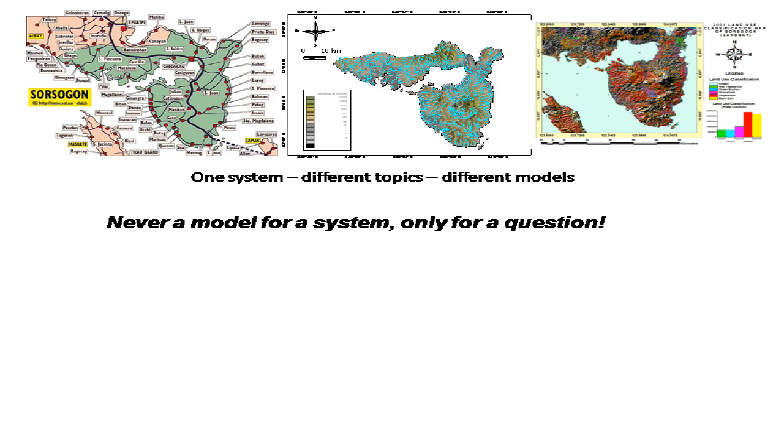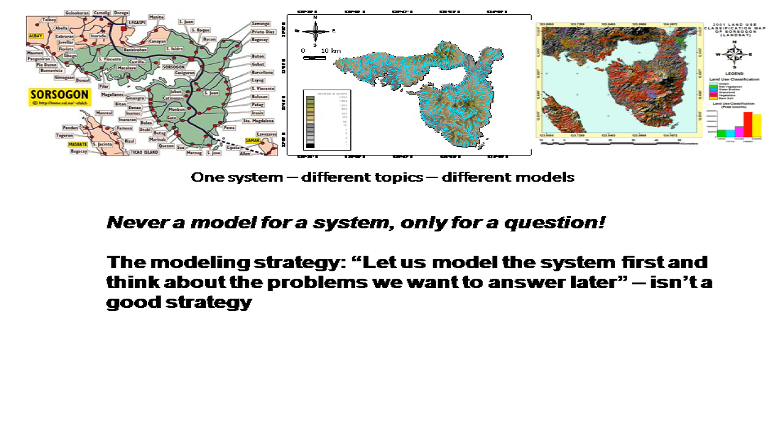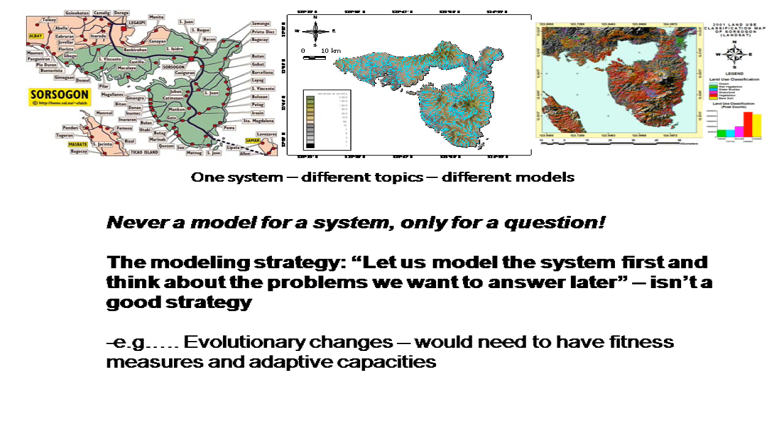So very important is that you don't ever model for a system. You model for a question. The modeling strategy where it's let us model the system first and think about the problems we want to answer later, it's not a good strategy. For example, you're interested in modeling biodiversity. However, you set up the system, but then later on think of the specific problem that you want to get a handle on, which is evolutionary change.